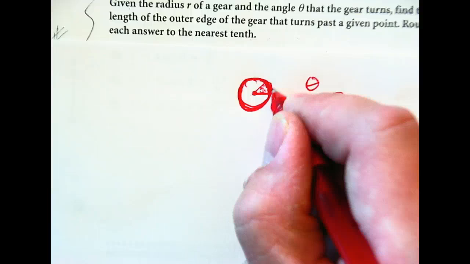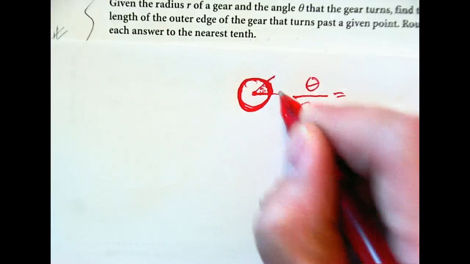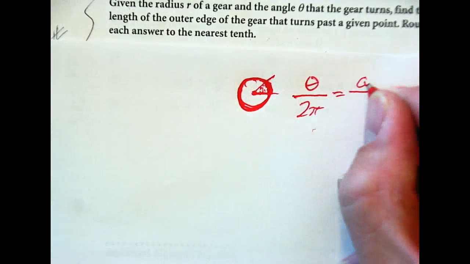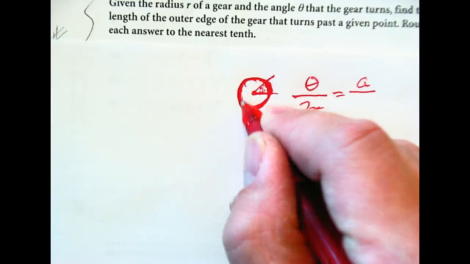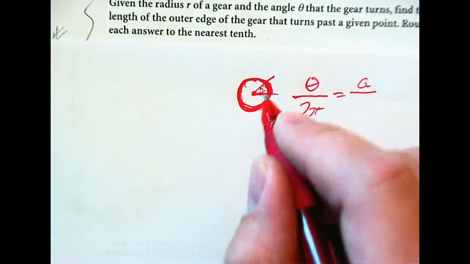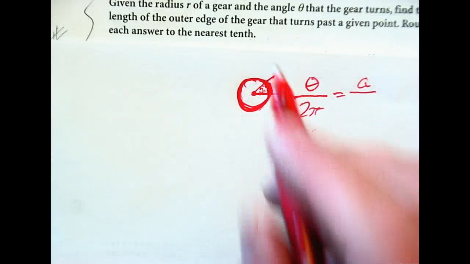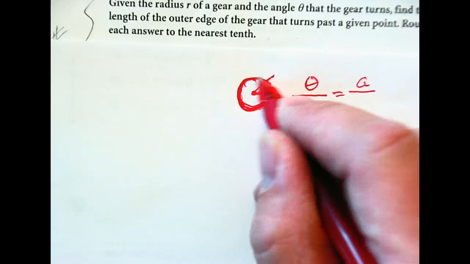So when we're talking about length of a portion of a circle, what are we calling that? It's called our arc length. And the total length something can turn in a circle is how far? No, in terms of length now, not degrees. Starts with a C. It's our circumference.